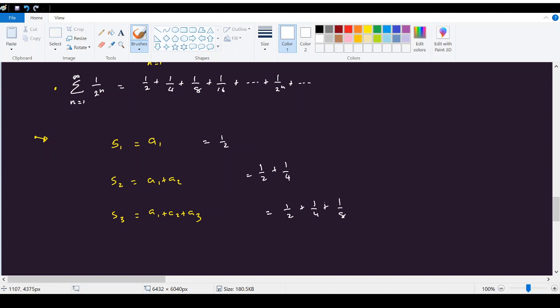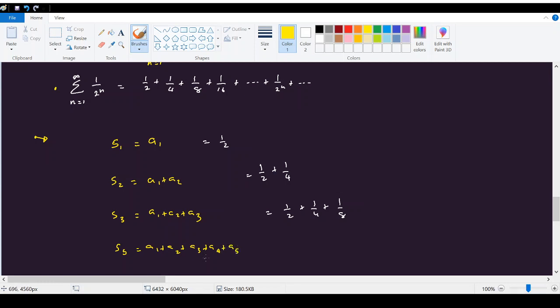These are called partial sums, that is the sum up to the nth term. Now let's take S5, that means the summation up to the first 5 terms.